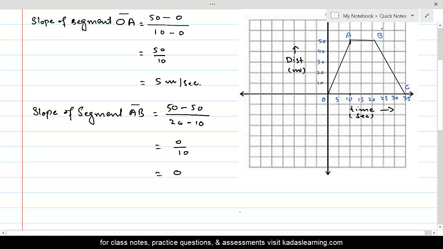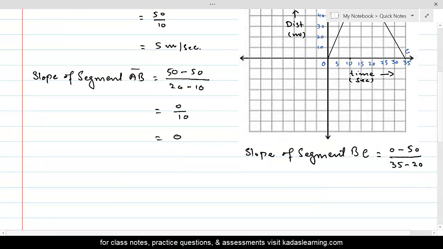For the slope of segment BC, the starting point is B and the end point is C. So y value of C, which is 0, minus y value of B, which is 50, divided by x value of C, which is 35, minus x value of B, which is 20.